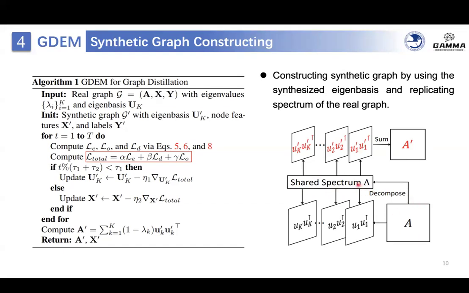So we directly replicate the spectrum of the raw graph and combine it with the synthetic eigenvectors to construct the adjacency matrix of the synthetic graph. And this is the method of our GDEM.